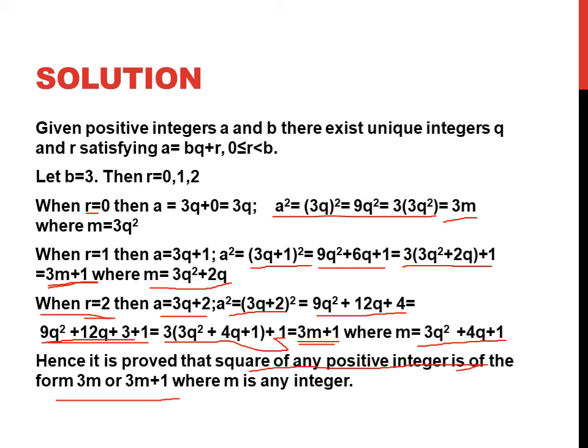Now the second case is when r is equal to 1, then a is equal to 3q + 1. When we try to calculate a square, it becomes the square of 3q + 1, which is 3q square.